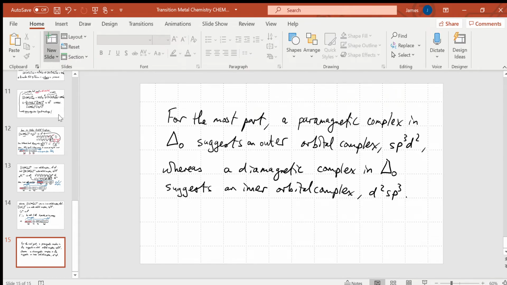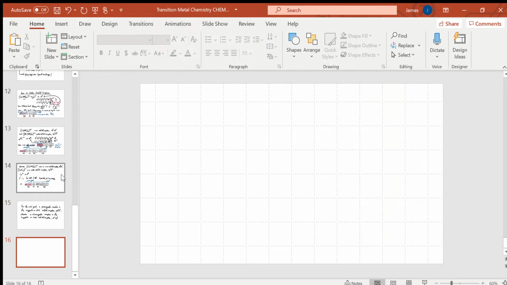Okay, let's look at one more example, and that will allow us to segue nicely into titanium. So the titanium hexa aqua ion.